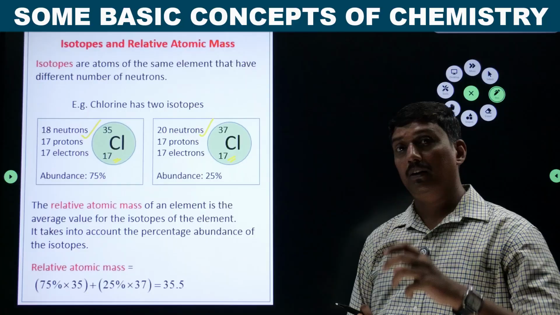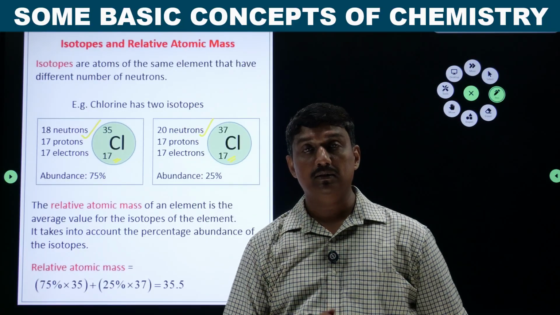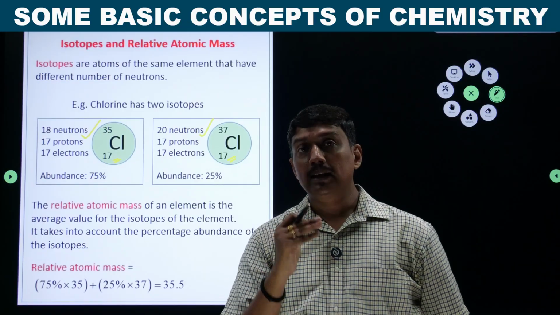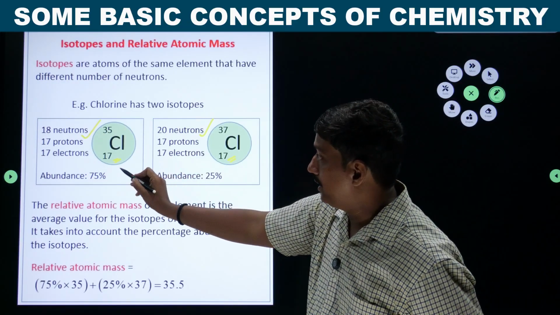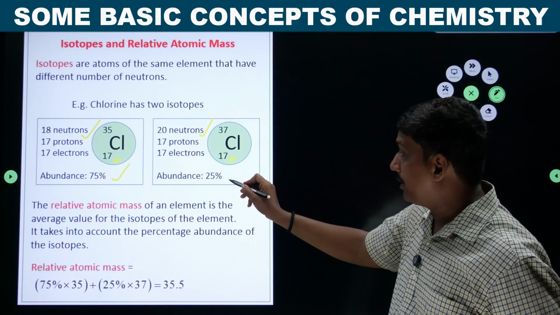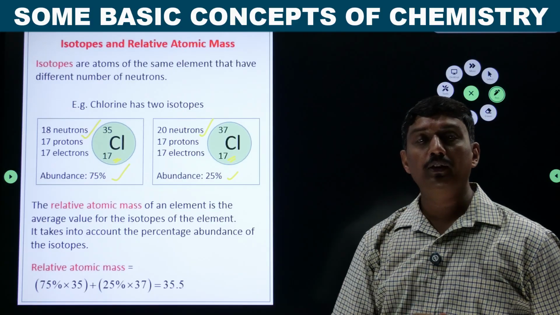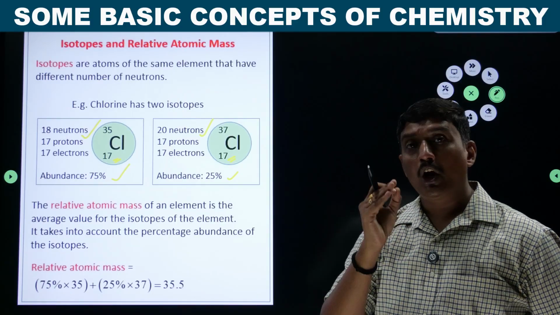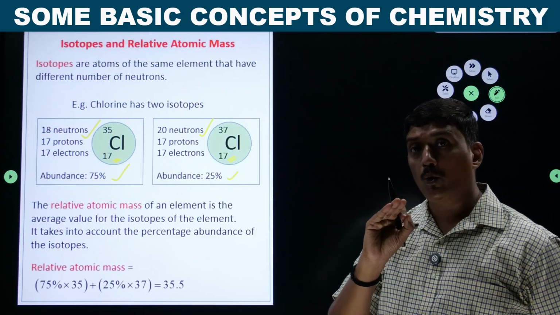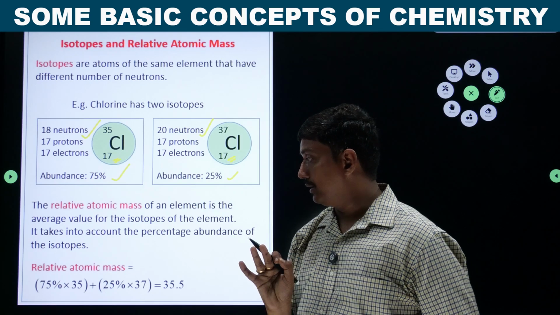The second point here is percentage of abundance or distribution. In nature, you find Cl35 75%. Another 25% is Cl37. It is not 50-50%. Therefore, to calculate atomic mass, its percentage abundance should be taken.